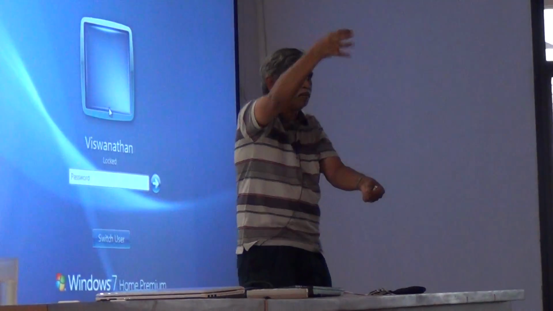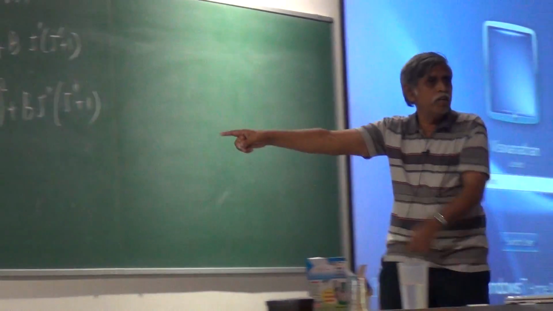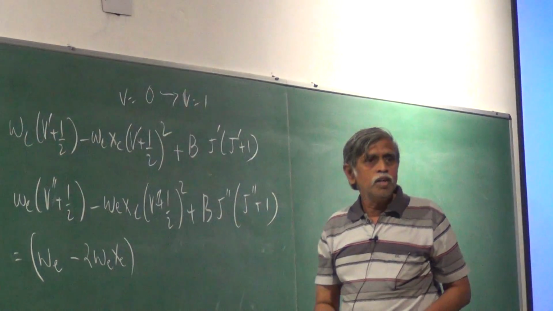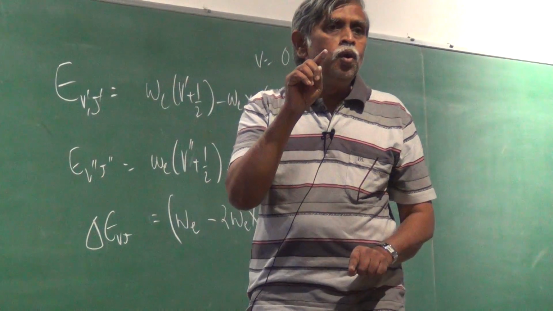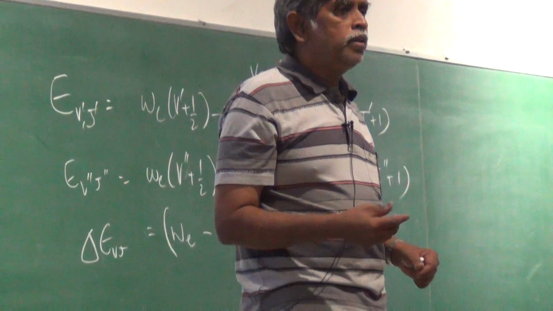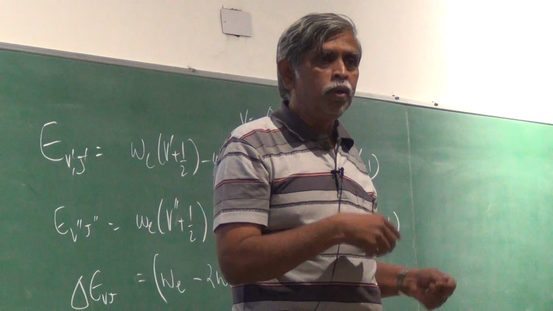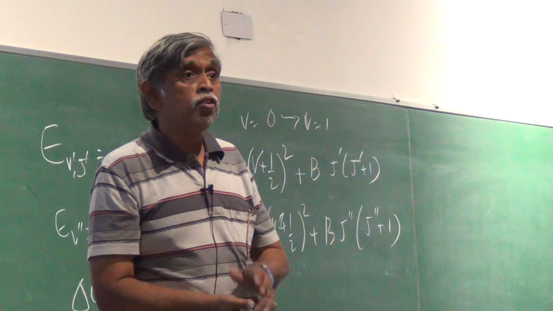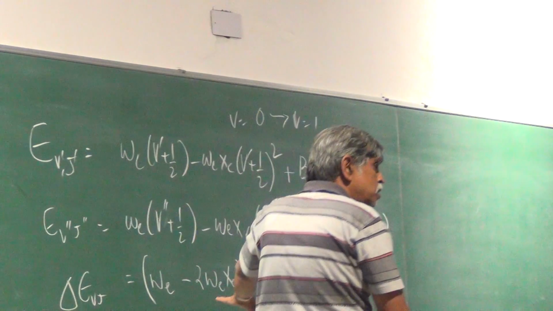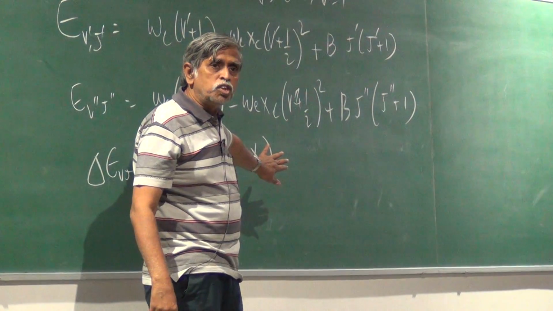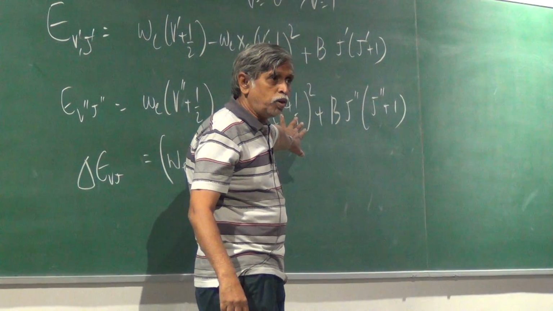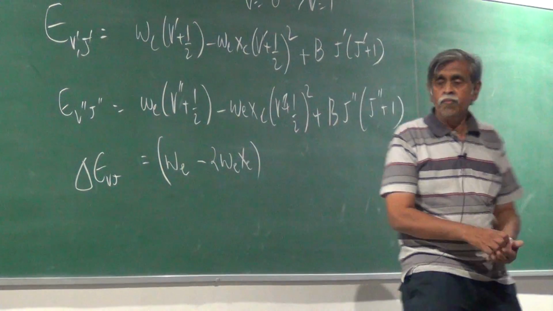We saw that when we did the harmonic oscillator problem and then the anharmonic oscillator problem. We said the energy level spacing to begin with is just omega E, but then with anharmonicity it becomes omega E minus 2 omega E chi for a 0 to 1 transition. So all I'm saying is this is just the vibrational part without taking any J into consideration. But the J is still staring at me out here. I have to work this out.